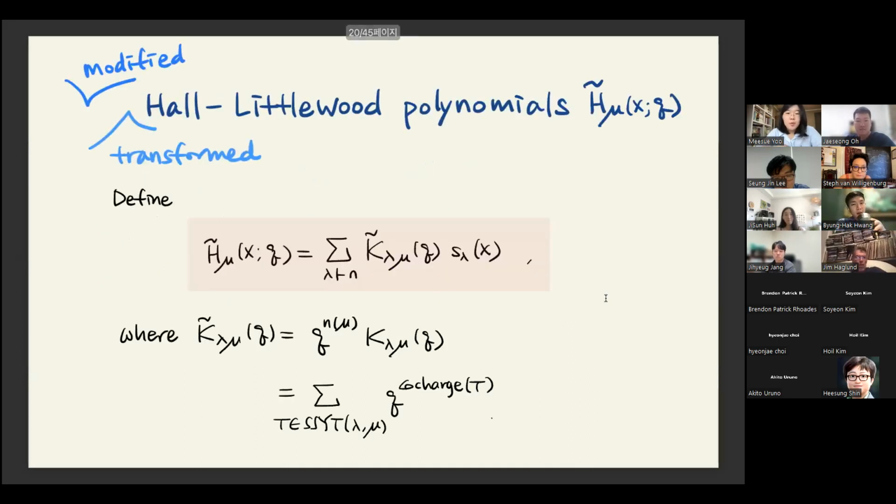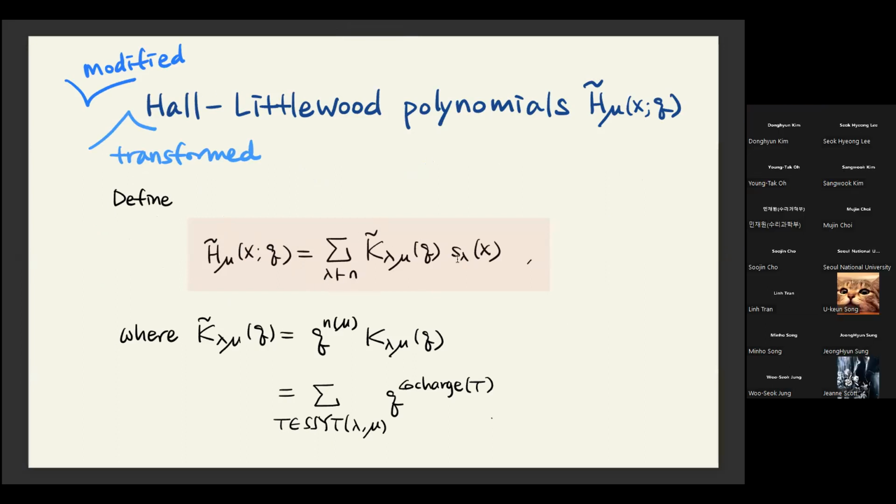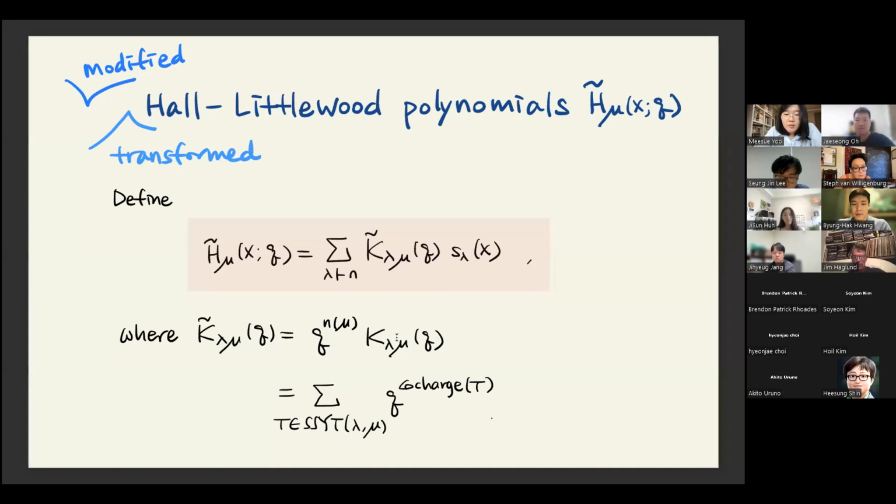And then I'm going to also consider the modified transformed Hall-Littlewood polynomial, H mu tilde. And H mu tilde is just a summation of K lambda mu tilde times the Schur function. Here, K lambda mu tilde is just some transformation of the Kostka-Foulkes polynomial, which can be defined by the charge statistic.